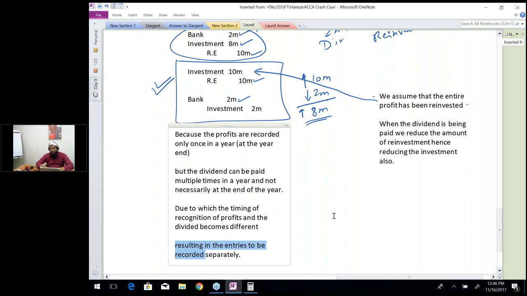Therefore, the entry should also be recorded separately. That is why we have made two different entries, assuming that the amount has been reinvested, and whenever the company pays a dividend, we say that the amount reinvested has now been distributed. So reduce the amount of reinvestment and reduce the amount of investment and prepare the above entries. Getting the point?